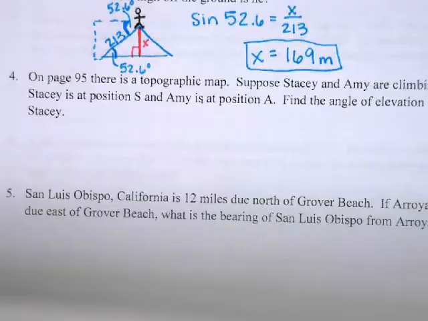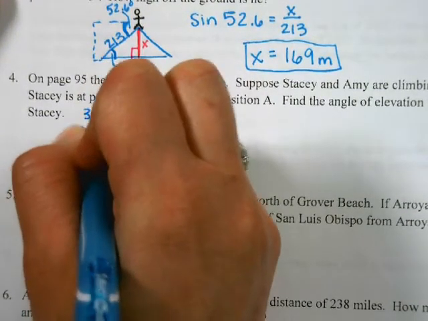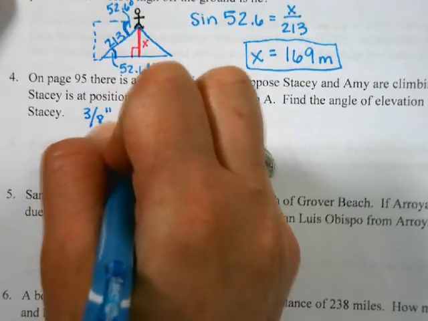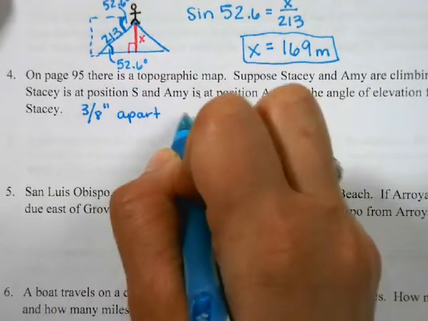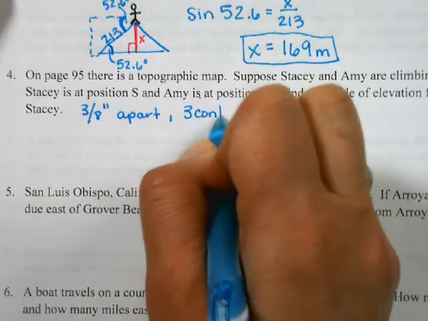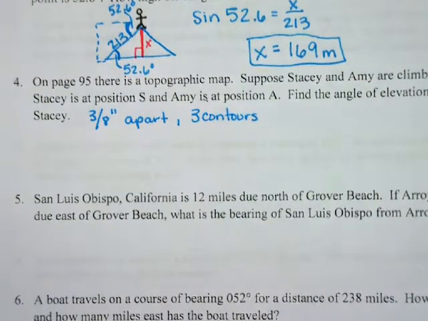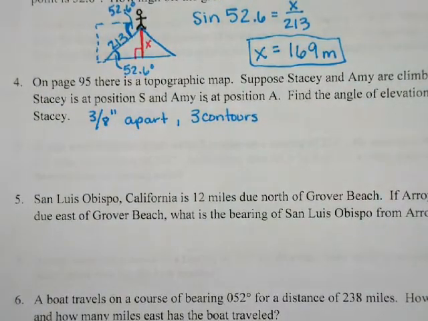Okay, so let's do some good math here. First of all, on the map, they're 3/8 of an inch apart. And 3 rings, if you will, 3 contours. So think about them.